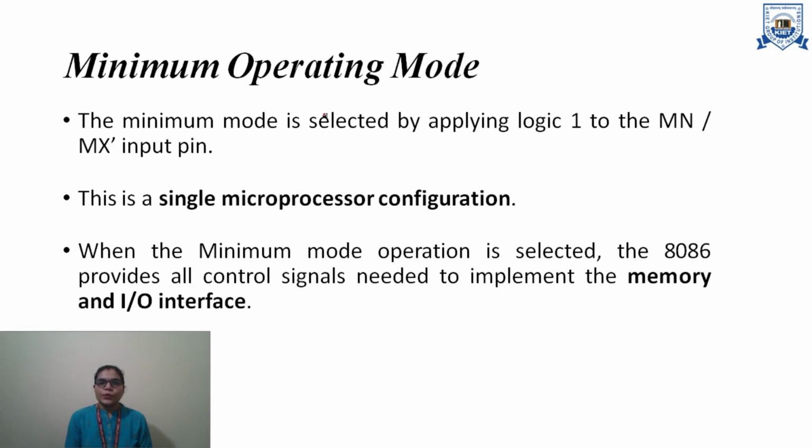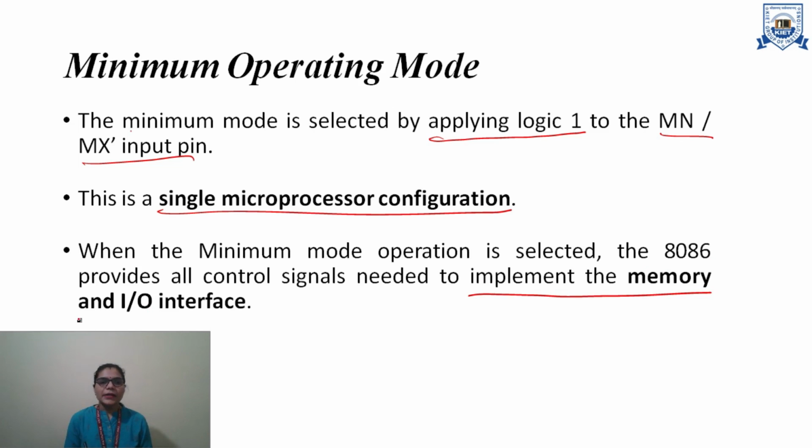In this lecture, we are going to discuss about minimum operating mode. As we discussed, minimum mode is selected while applying logic 1 to the mode selection pin. And this is the single microprocessor configuration. In this configuration, 8086 implements the memory and I/O interface.